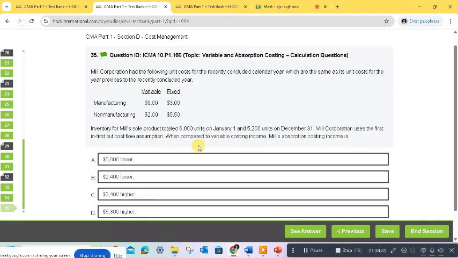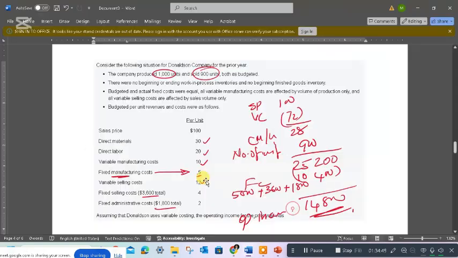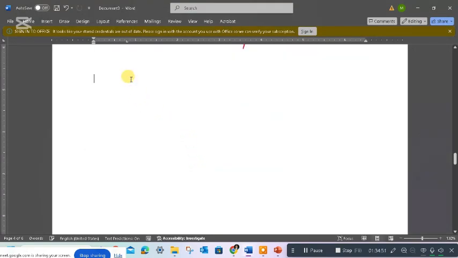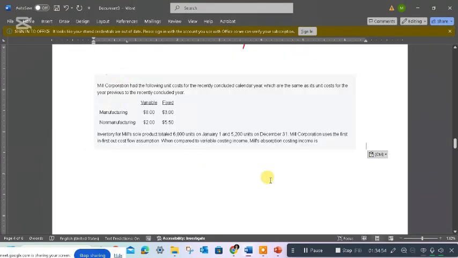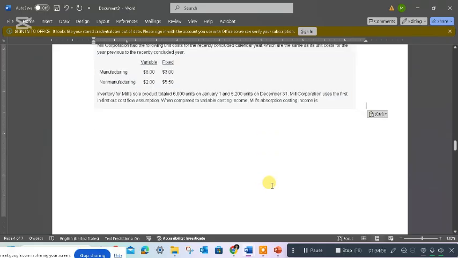First in, first out. When compared to variable costing income, absorption costing income will be. This is going to be on that reconciliation format. Let's see how we start the reconciliation, because the question is about a comparison between the profits, variable costing profit and absorption costing profit.